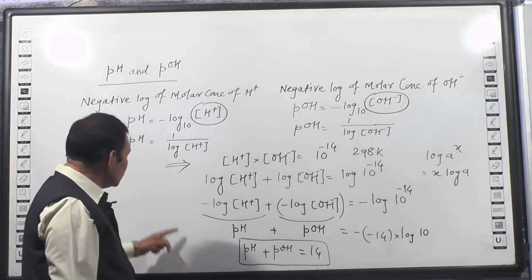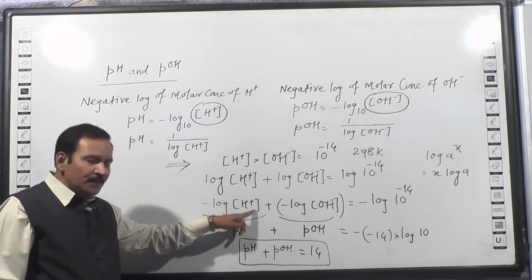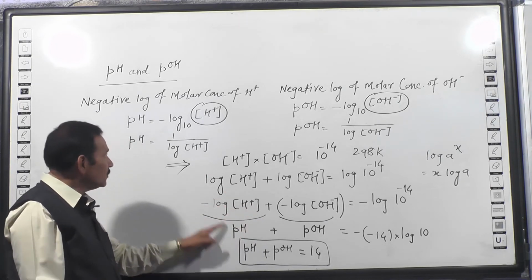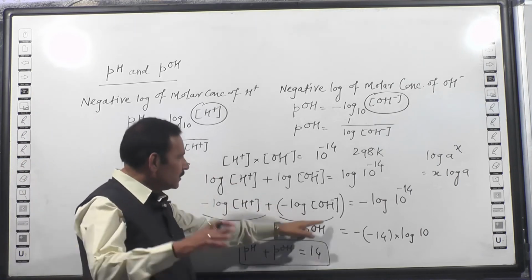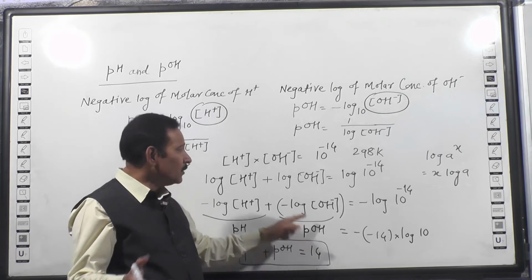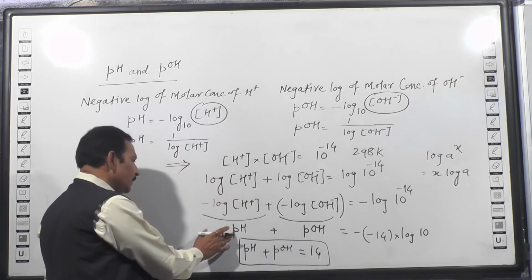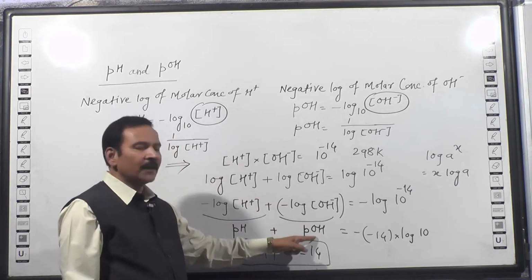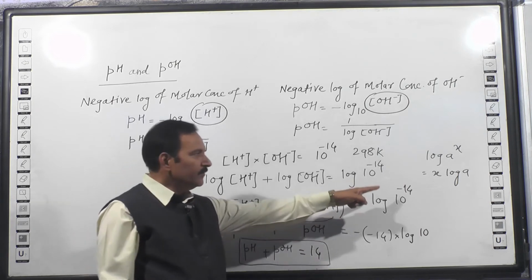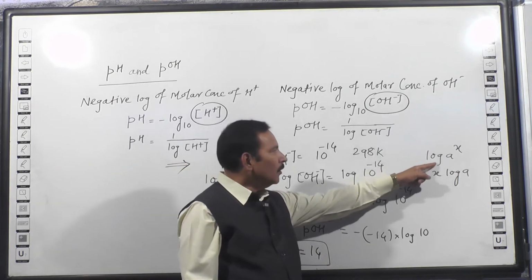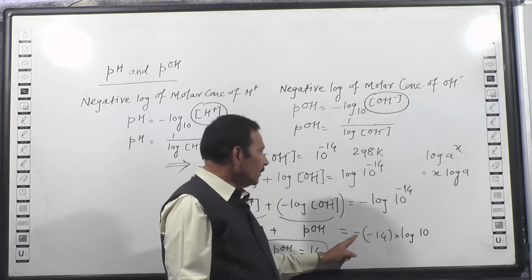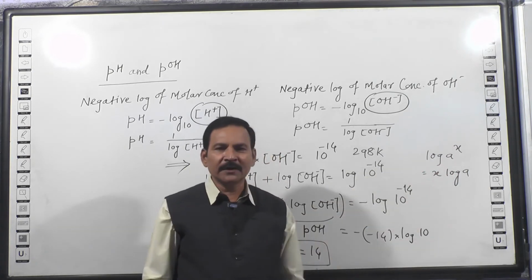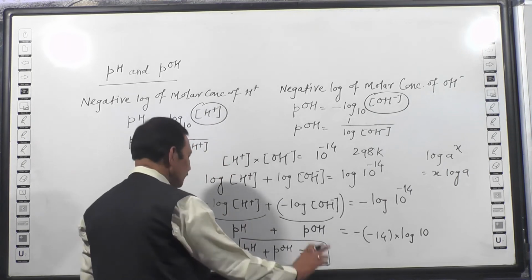And by definition, what is minus log of H plus? This is the definition of pH according to this concept. And what is minus log OH minus? It is the definition of pOH. So in place of this we can write pH, in place of this we can write pOH, and if this is solved according to the formula log A raised to power x is equal to x log A, it will be minus of minus 14 into log 10, and the value of that is equal to 14.